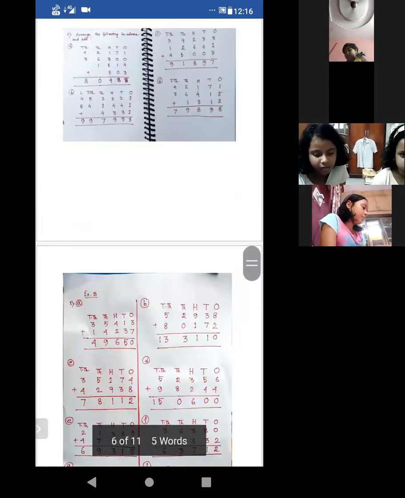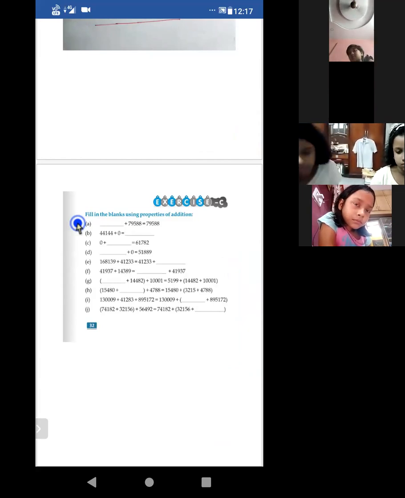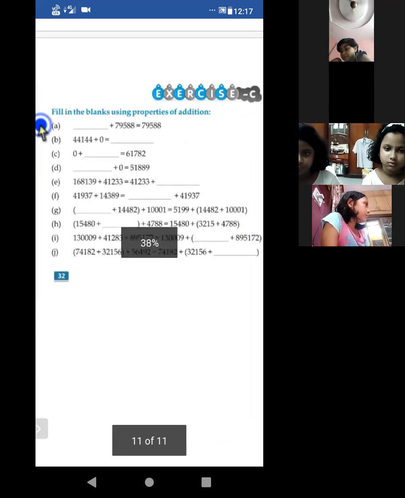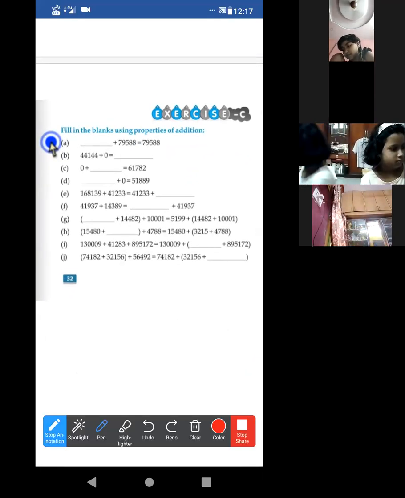This one is exercise C, right? Those who have already done it at home, that is good. I'm not going to say anything, but today you have to do it in the copy. And those who have not done it in the book, do it in the book. Look at this. The first one is given.